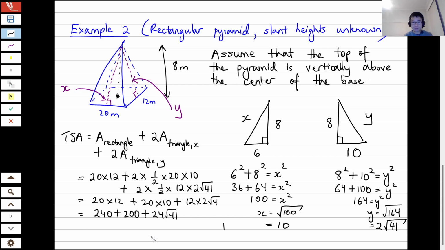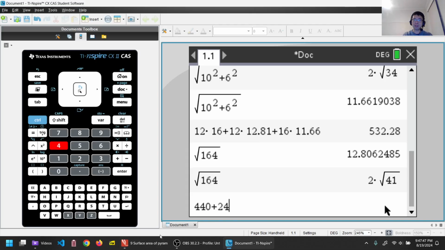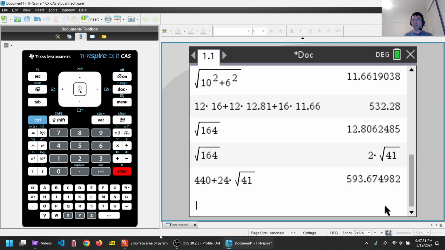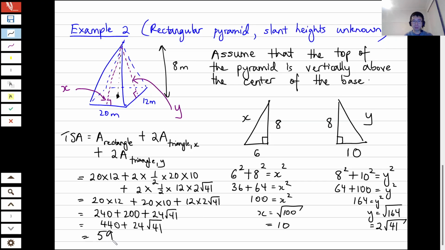There we go. So this leaves me with 440 plus 24 root 41. And at this stage, I can now simplify this and get a decimal answer with my calculator. So here I get 593.67.